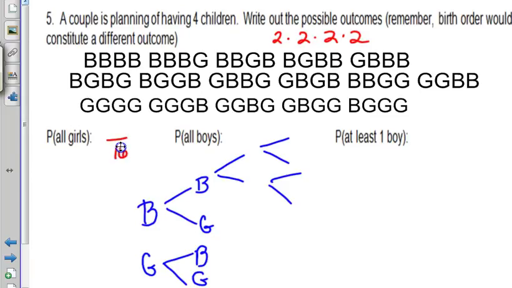All girls would only be 1 out of 16, all boys would be 1 out of 16. Now, without writing them all out, can you easily come up with at least one boy? Why 15/16? Does everybody get that? If all girls is only 1 out of the 16, the other 15 have to have at least one boy.